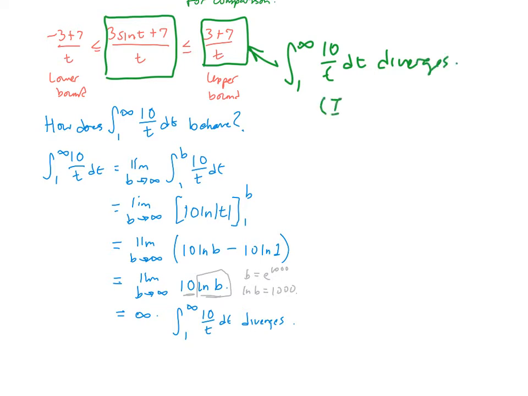In other words, it's infinite in this case. So one question we might ask ourselves is, if I know that this integral is smaller than something that's infinite, well, what is smaller than infinity?